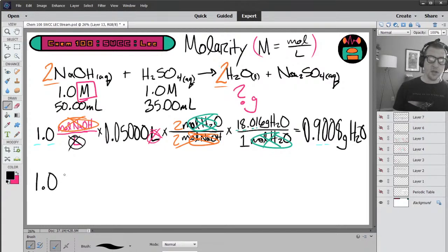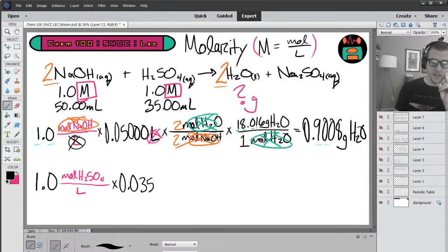So starting with 1.0, and again, I'm dealing with molarity here, so I'm going to explicitly write out moles of sulfuric acid per, so that's a 4, or shoot, now that's less clear. There we go. Moles per liter. I'm now going to multiply by 0.03500 liters. So liters cancel.